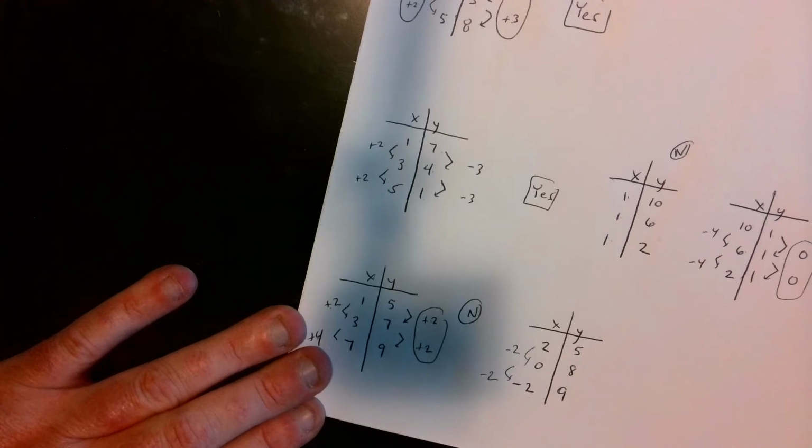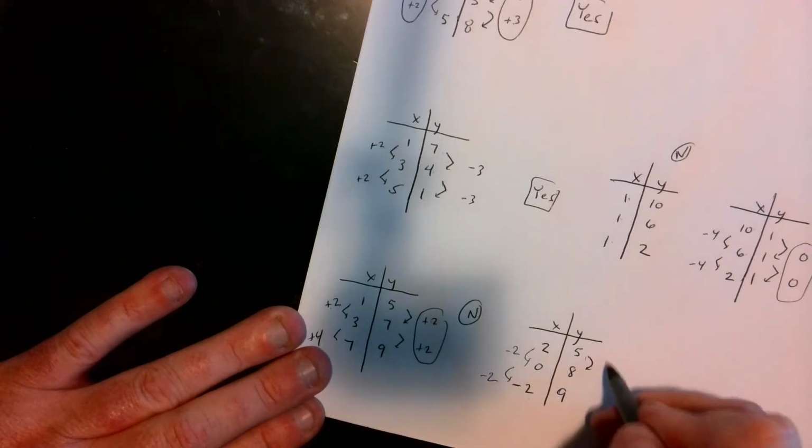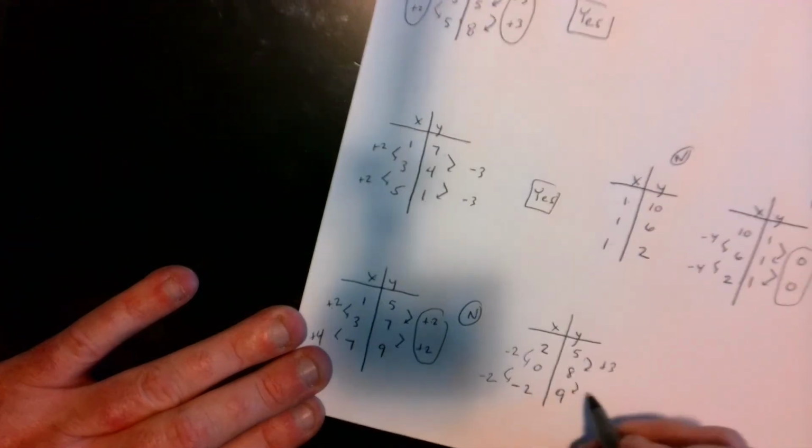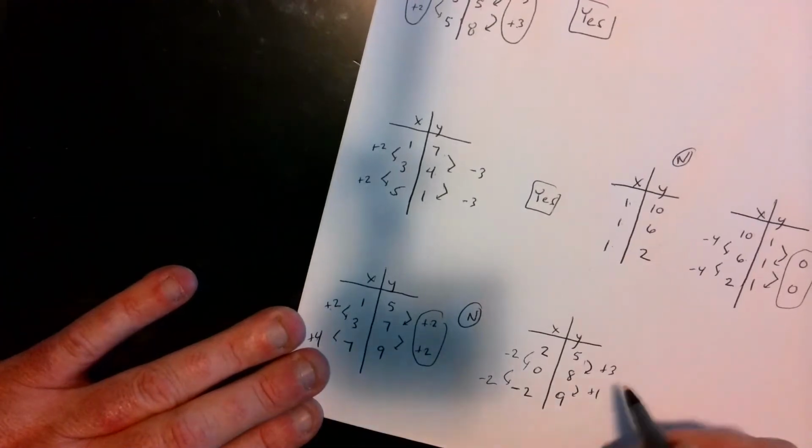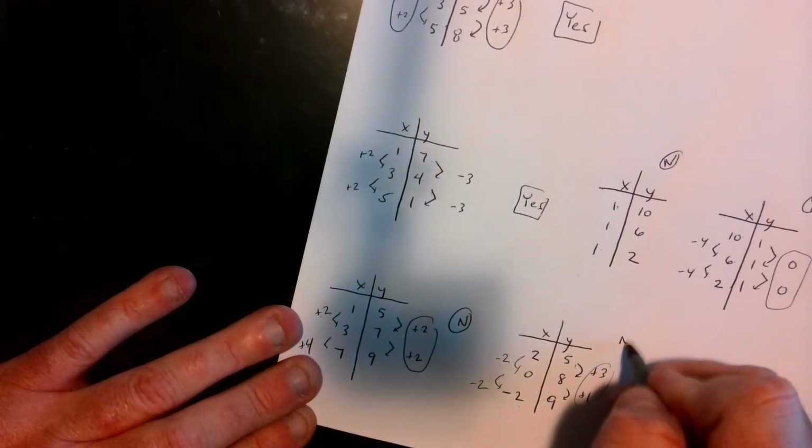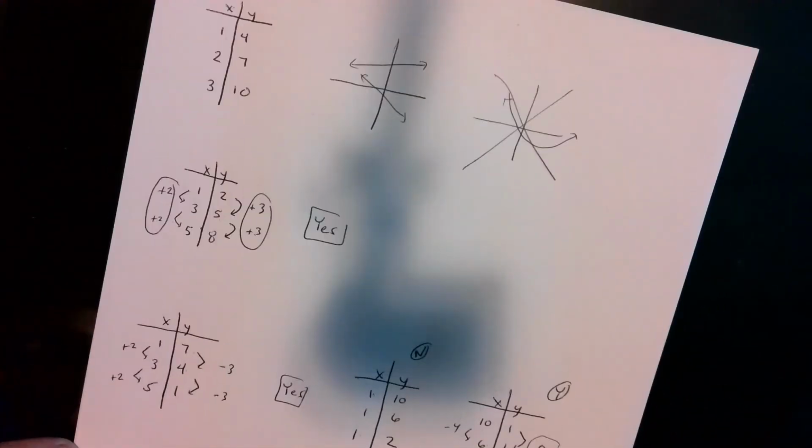So we're safe there, but if I look over here, from 5 to 8 we added 3, and from 8 to 9 we added 1. So we're not constant there, so that is not linear. Okay, so that's how you tell in a table of values if it's linear or non-linear. Okay, and you'll do some examples of those today. That's kind of the hardest one, I think.